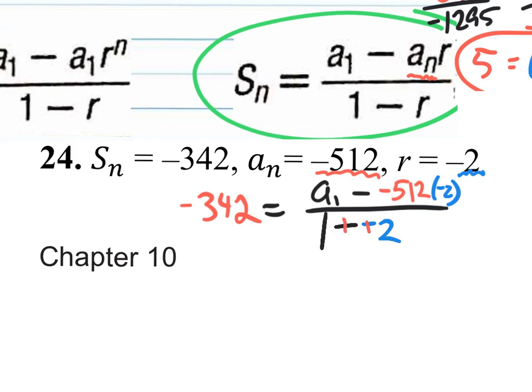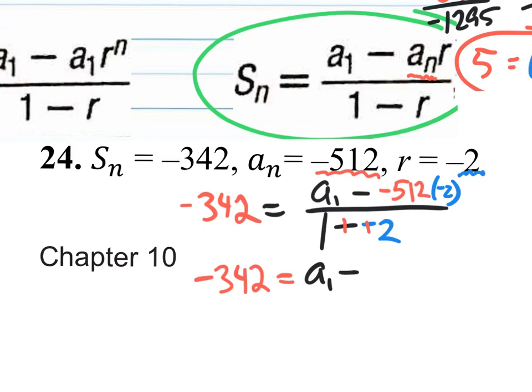So what we really have here is negative 342 equals A sub 1. Now right here I have a minus minus 512 times negative 2. So before minusing or adding, we should multiply. So I'm going to call this a negative 512 times a negative 2, so that will be positive 1024. So this minus sign, I'm going to bring it down.